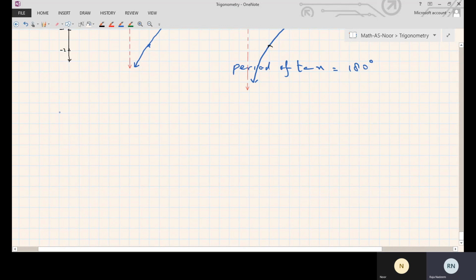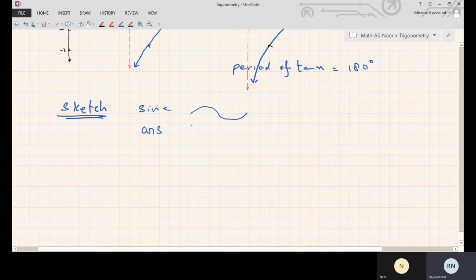After drawing all these three kinds of graph, when we are asked to sketch, drawing a graph is a bit difficult because it takes time. We have to take all the values, but sketching is simple. All you need to remember is the shape of the graph. When it is sine, you get this kind of shape.